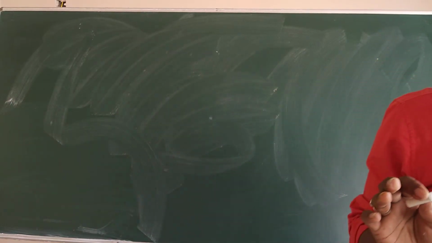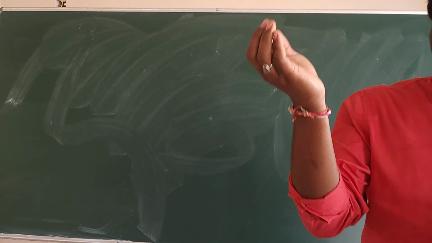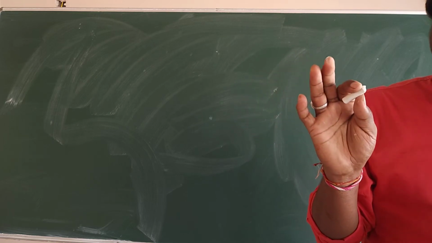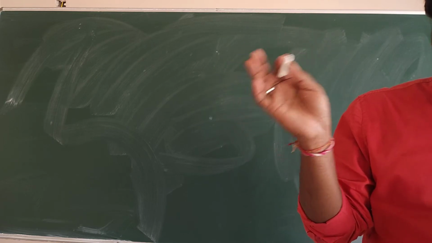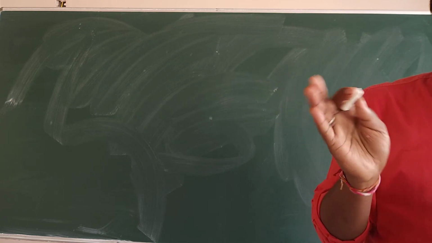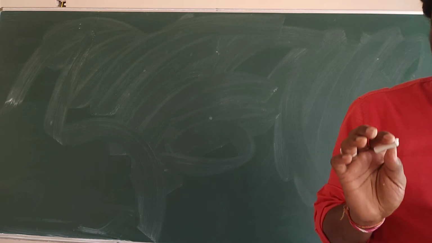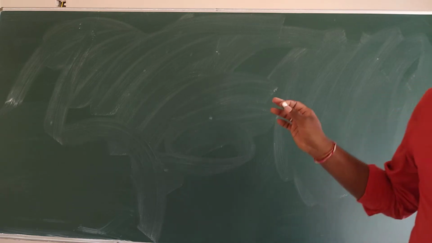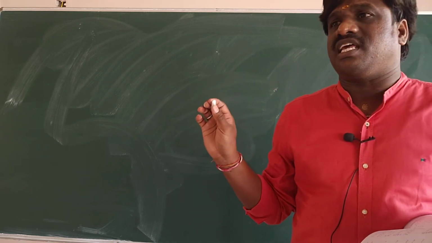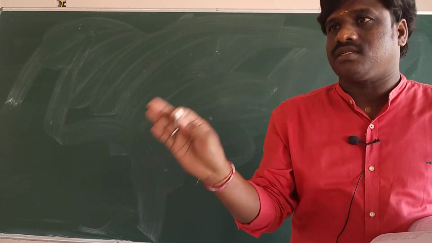This year the syllabus has changed. They have reduced some syllabus, and the question paper pattern has also changed a little bit from last year. Mostly previous year questions they are going to ask you.